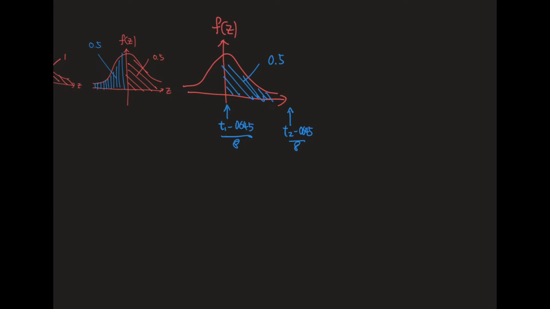The idea is the area under the graph. The area under the graph is the greatest somewhere in the middle, because the graph goes up a lot. So to reach the maximum, it is going to be the shortest interval if you take the area in the middle, something like this: (T1 minus 0.645) over 8, (T2 minus 0.645) over 8.